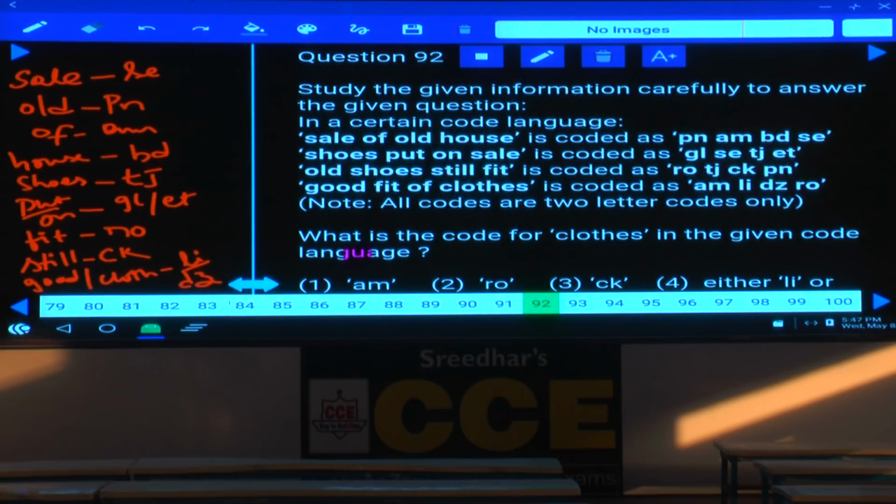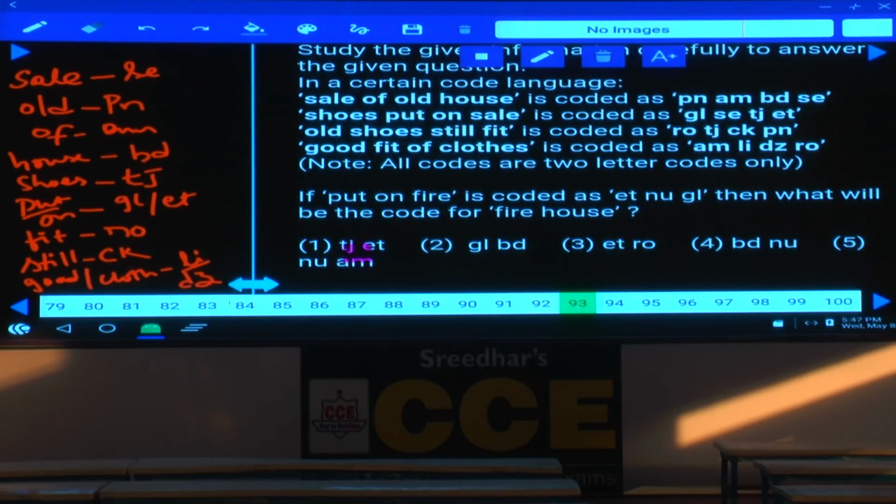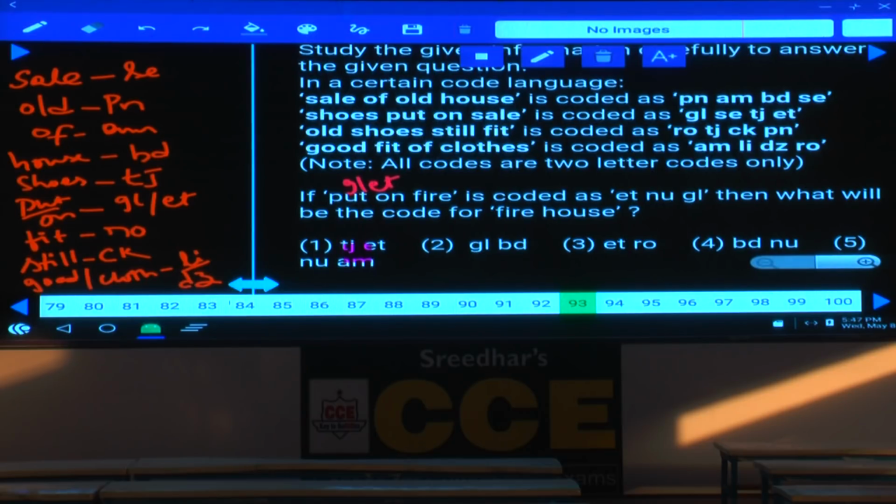Then question number 92. What is the code to the word clothes? Either LI or DZ, choice 4. Then 93. If put on fire is coded as, then what will be the code for firehouse? Put and on, GL, ET in any order. Fire, what is the code to the word fire here?